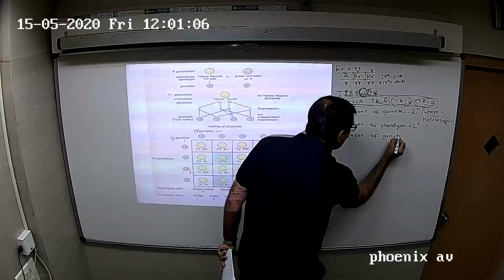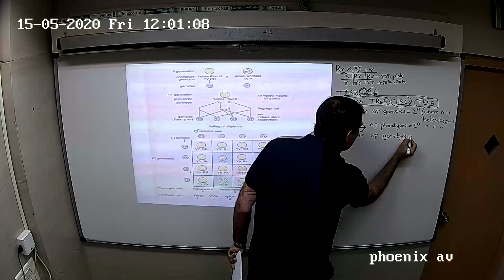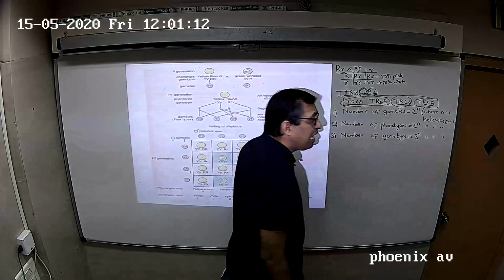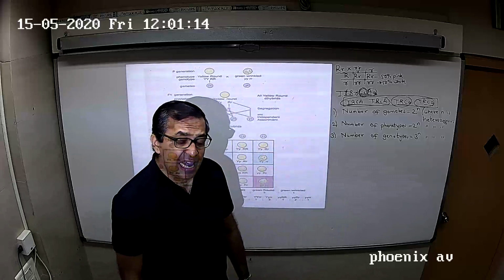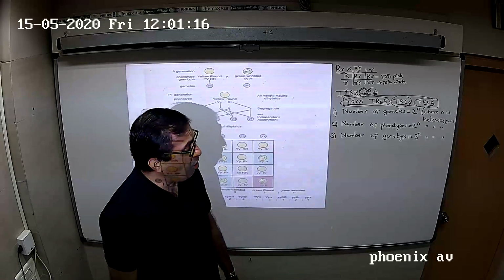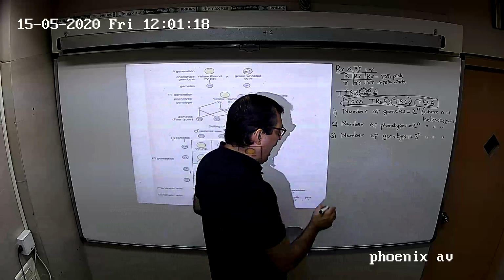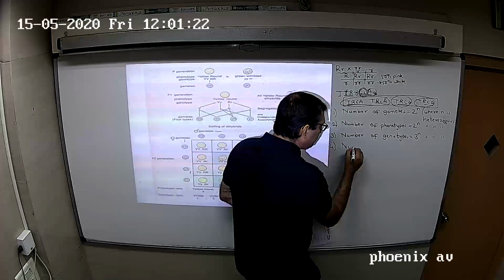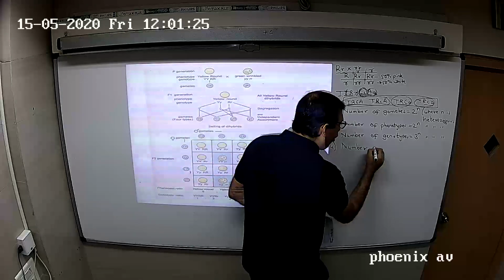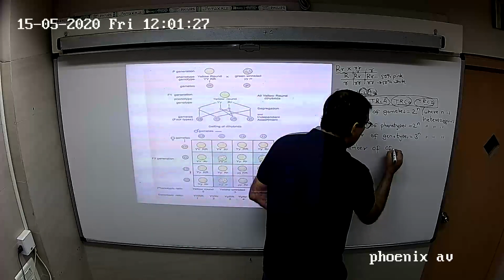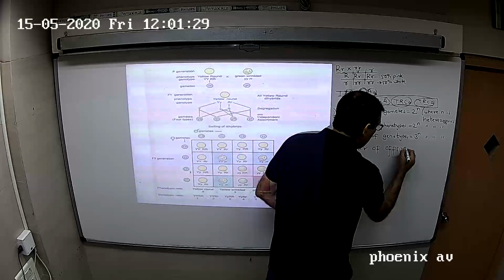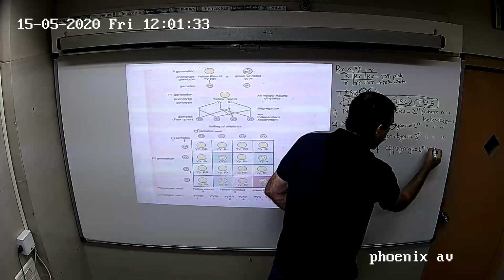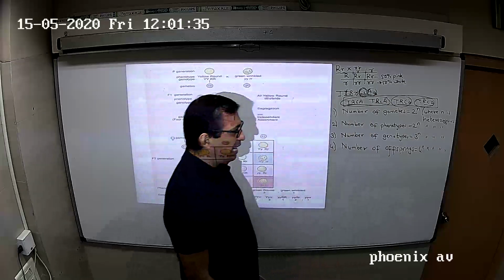The number of genotypes is 3 raised to n, where n is the number of heterozygous pairs. 3 raised to n for the number of genotypes. And the number of offspring is 4 raised to n, where n is the number of heterozygous pairs.